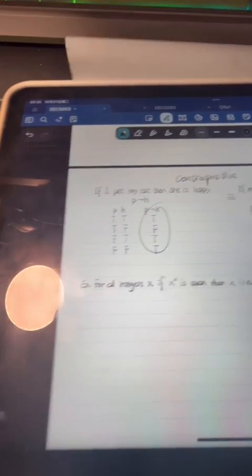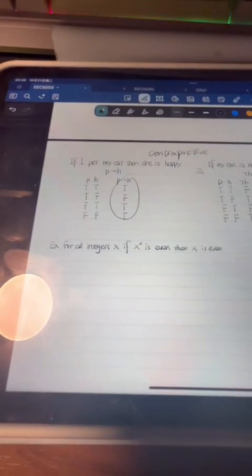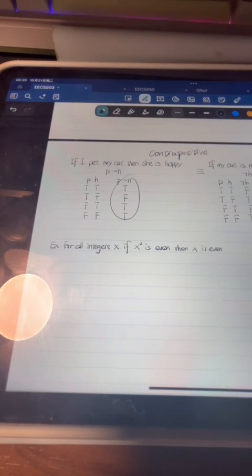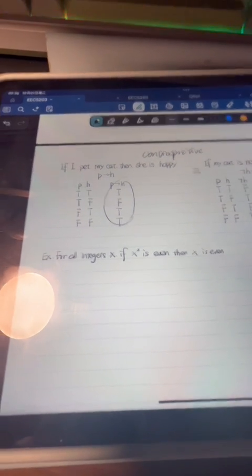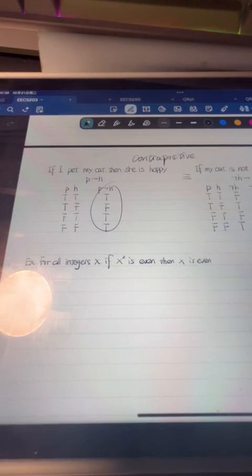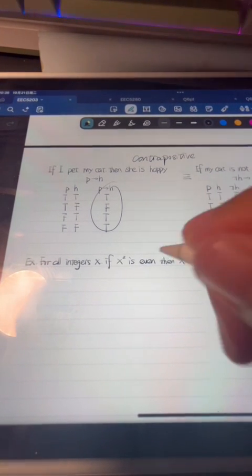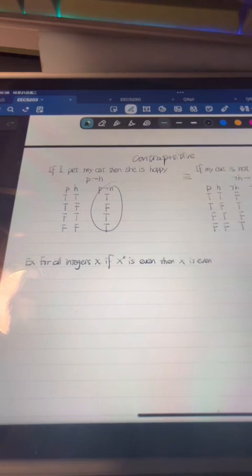So we have an example here: for all integers x, if x squared is even, then x is even. First we try to do it in the direction from left to right.